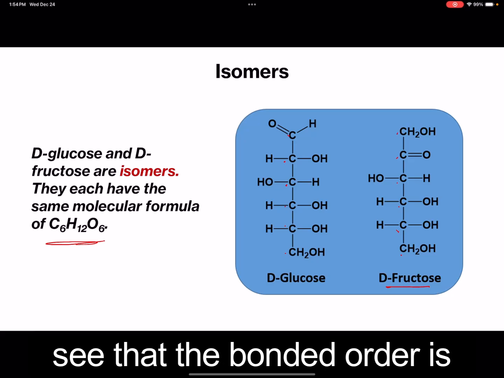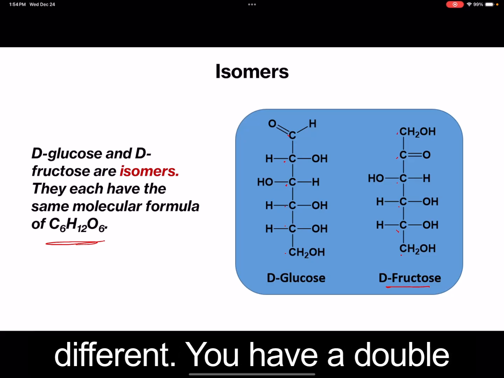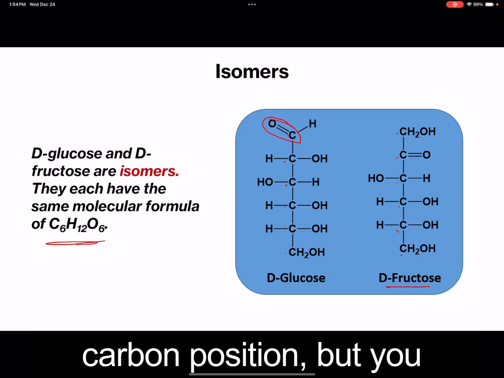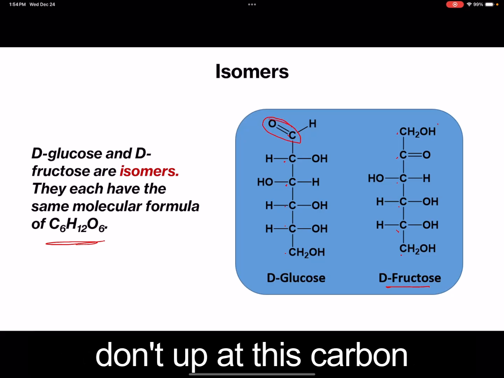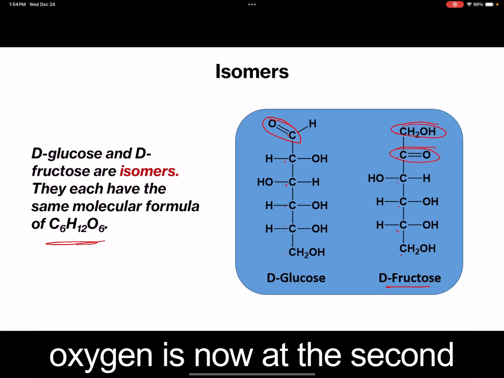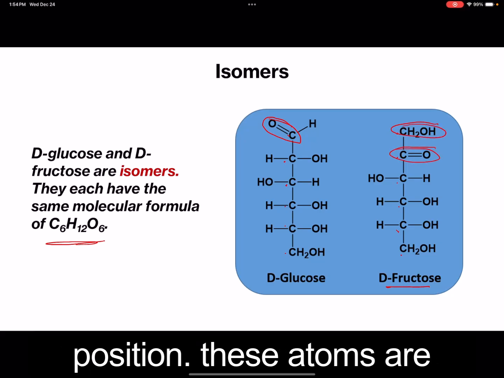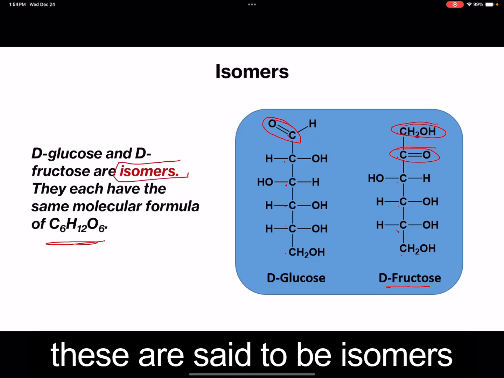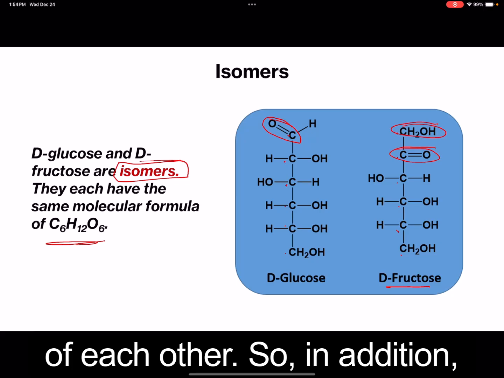But you can see that the bonded order is different. You have a double bonded oxygen at that first carbon position, but you don't at this carbon position. The double bonded oxygen is now at the second position. Because these atoms are arranged differently in space, these are said to be isomers of each other.